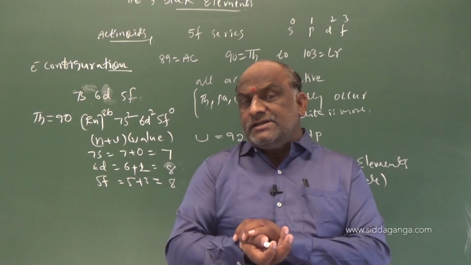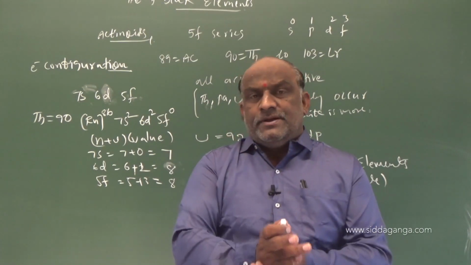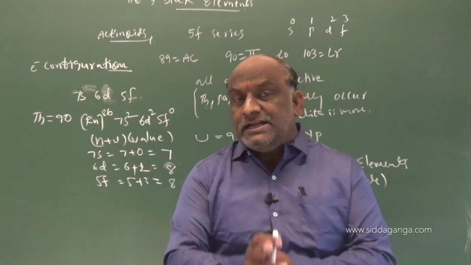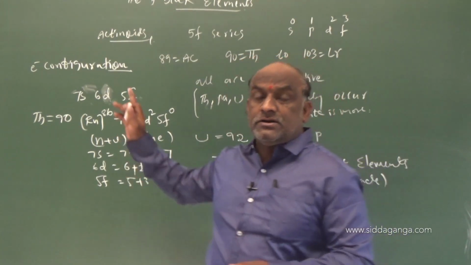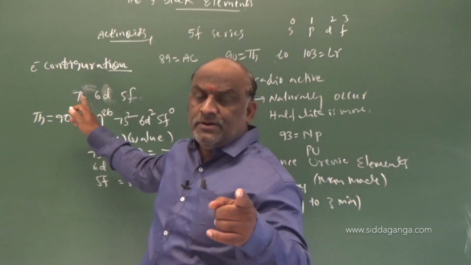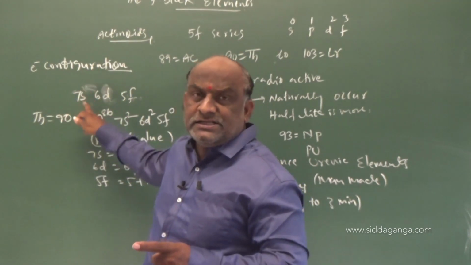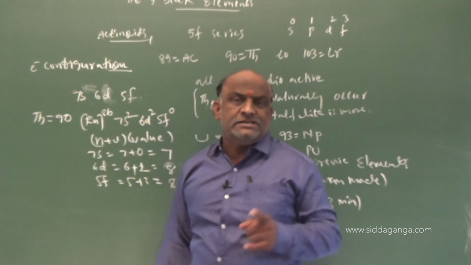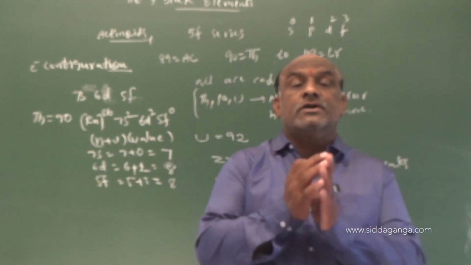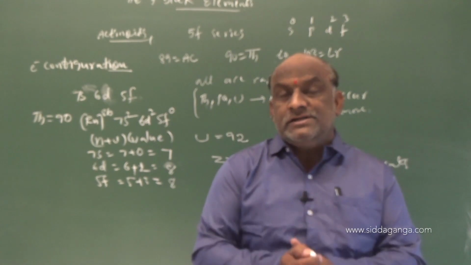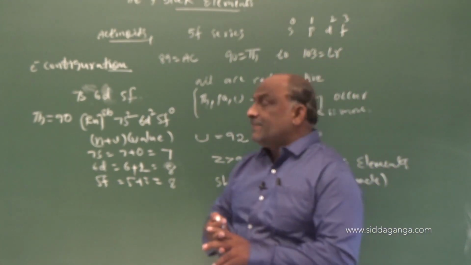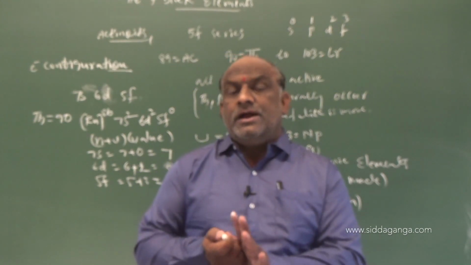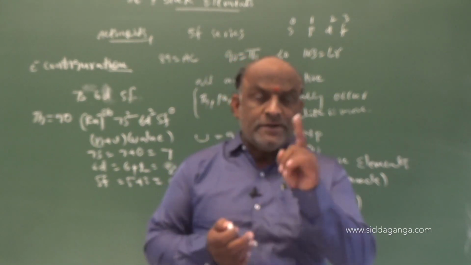What is the reason? The energy gap is not considerable. Which energy gap? The outermost electronic configuration energy gap, between 7s, 6d and 5f. Due to that reason, actinides exist in a greater number of oxidation states, and these are all radioactive elements.